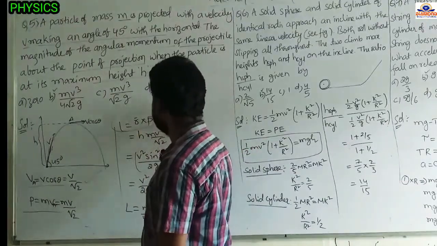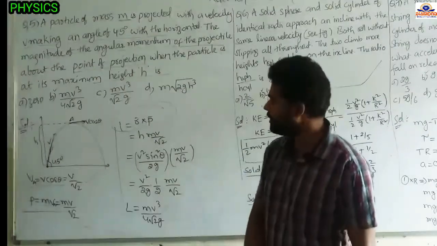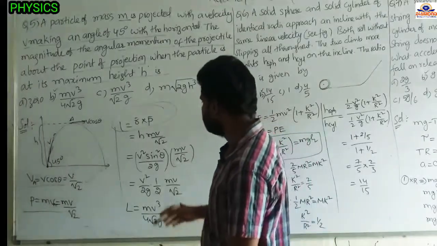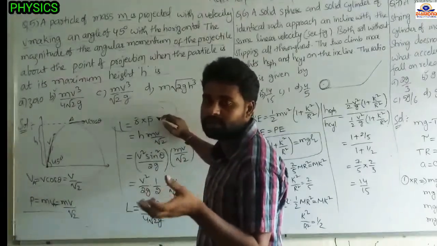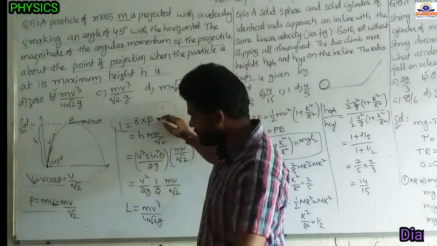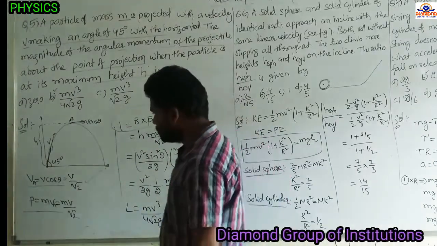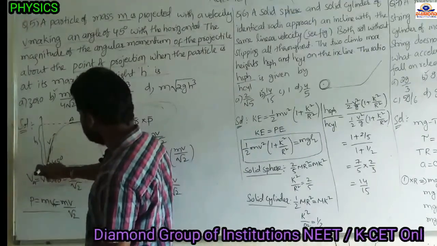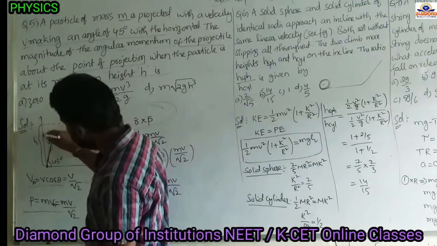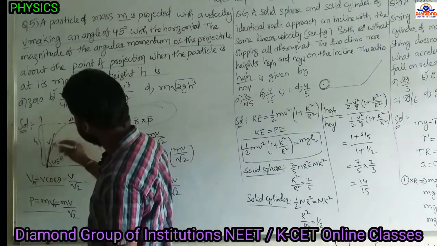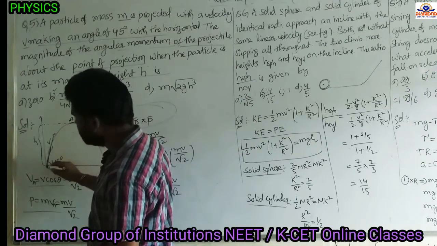So angular momentum equals r bar cross p bar, as we know, that means the product of linear momentum and the perpendicular distance between the linear momentum and the axis of rotation. From this axis we have to find, so we need the perpendicular distance; extend this one here. From here to here, this is the perpendicular distance of this linear momentum with respect to this axis.